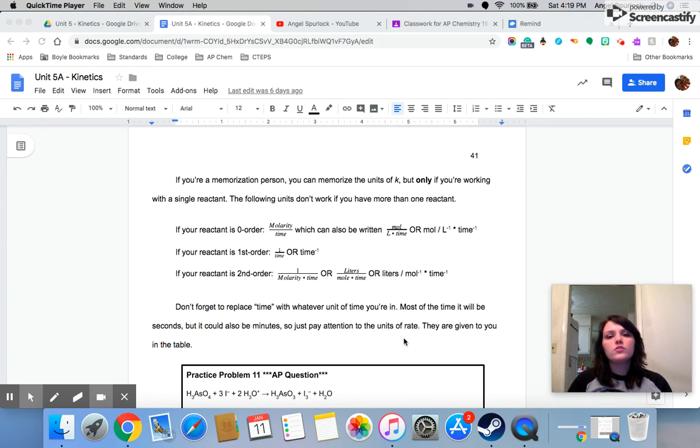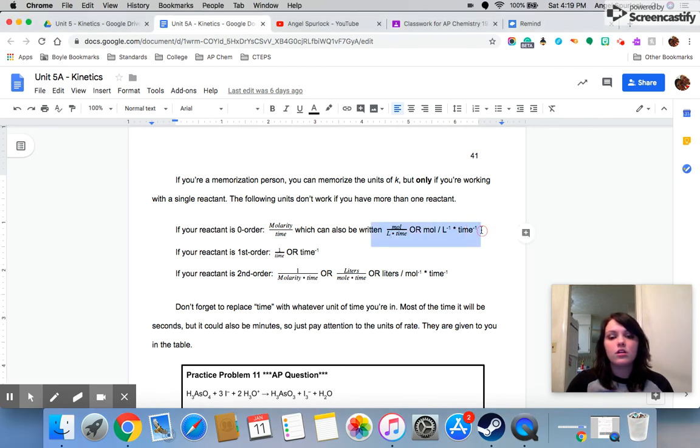Or if you have two reactants that are both first order, you can also do this, okay? So if your overall reaction order is 0, then your units are molarity over time, which can be written in several different ways, as we can see right here. But the main idea is if your overall reaction order is 0, your unit is molarity over time.